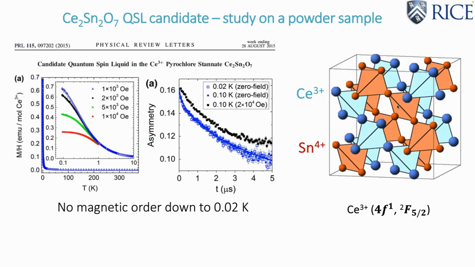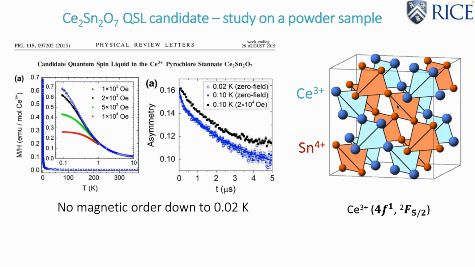So the candidates are the cerium pyrochlores. The first compound is cerium tin pyrochlore, which was proposed in 2015. People measured the magnetic susceptibility and the muSR, showing that there's no magnetic order down to 20 milli-Kelvin.